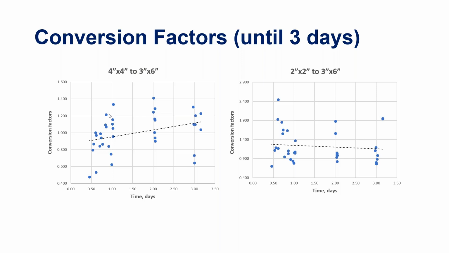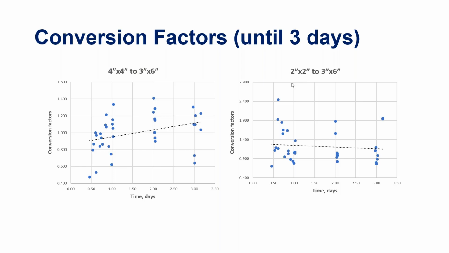So we are planning to do more mixes, and we will revisit this when we have more statistical data. But the preliminary conclusion is that maybe what we thought could be a good way of quality control on the site, which is using small cubes, specifically the 2 by 2, it might not be a good method.